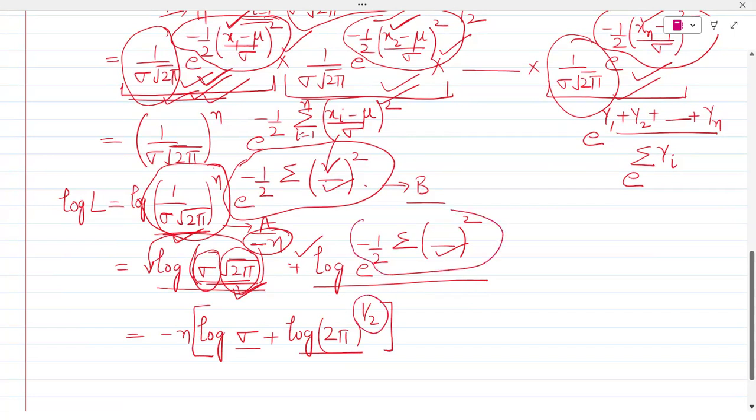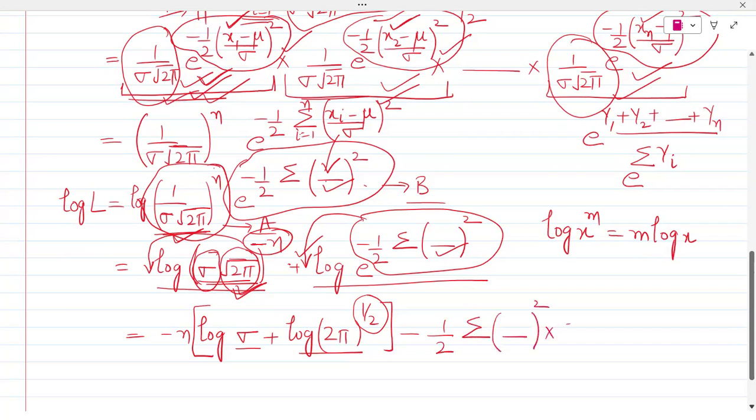This term now can come here. Actually, log of x raised to power m is nothing but m log x. So minus half summation, the same thing here into log of e.